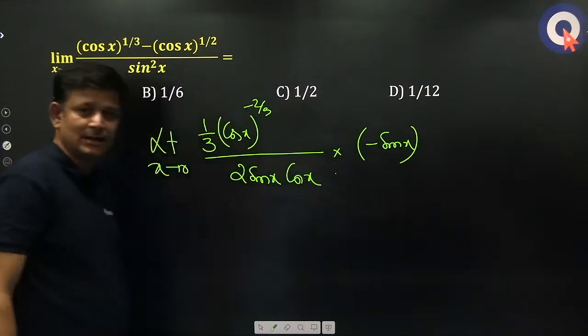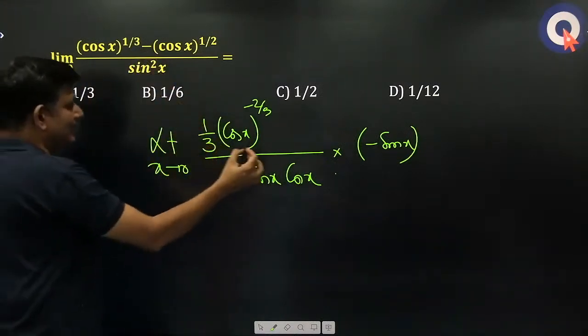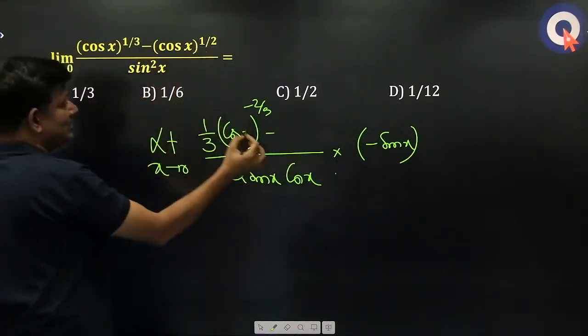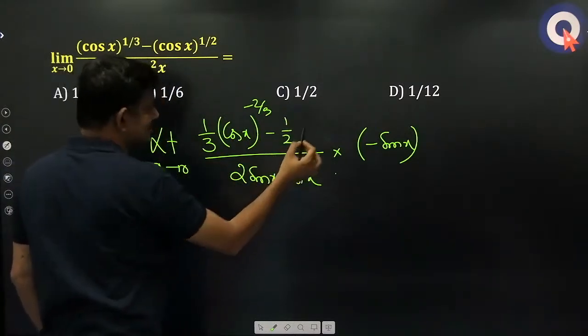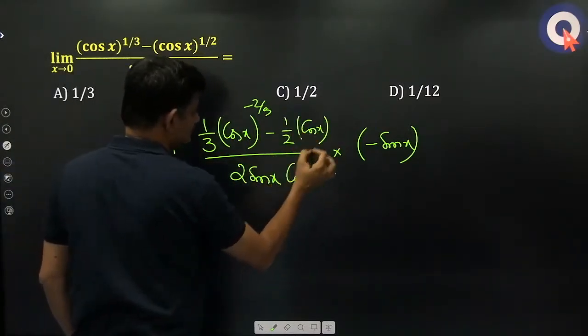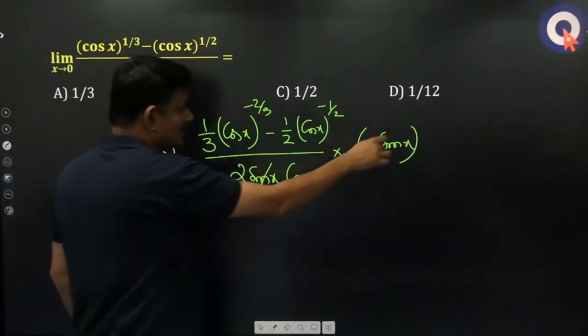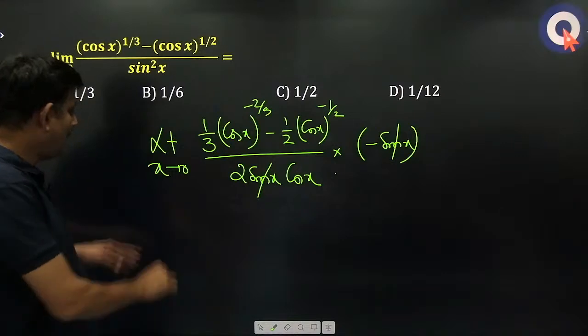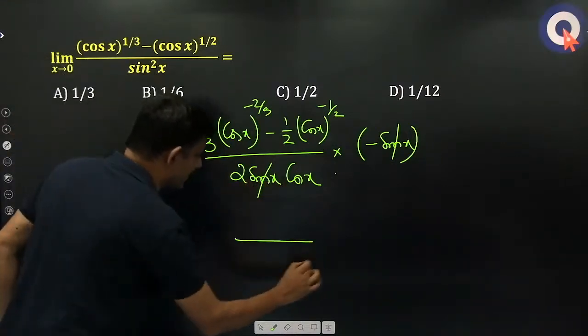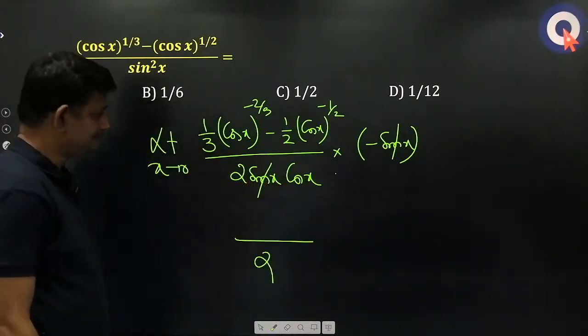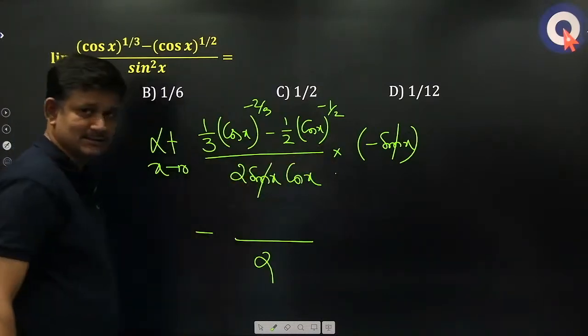Derivative of cos x is minus sin x, minus, what is the derivative of root cos x? Sin x gets cancelled. As x tends to 0, cos x is how much? 1. So, this is 2 minus sin as it is.